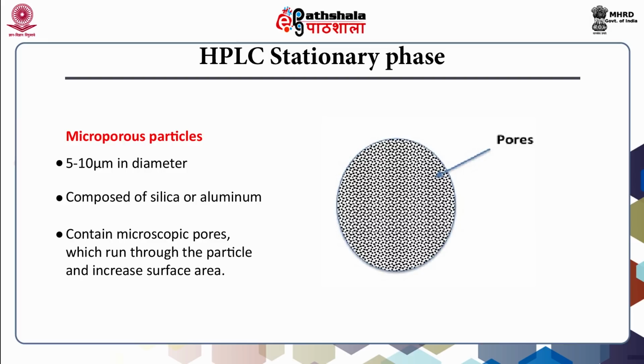This is very important in case of microporous particles. These microporous particles contain microscopic pores which run through the particle. Because of that, the surface area for the interaction between the mobile phase, stationary phase, and also the sample components will be high. That is why with these particles, the separation will be efficient.